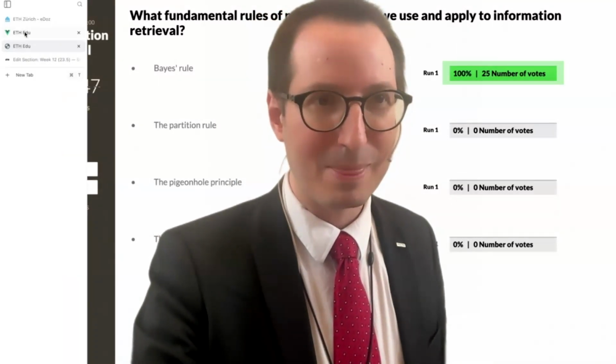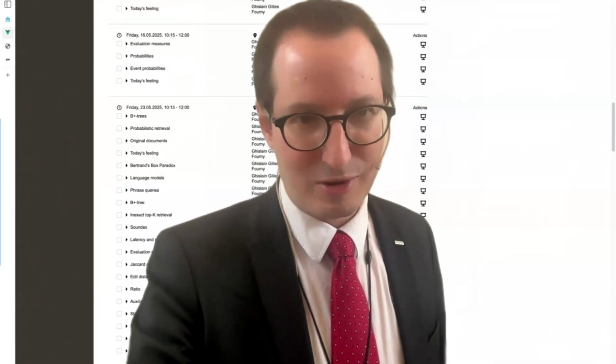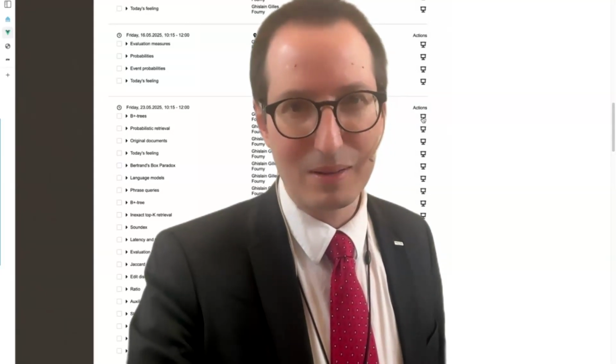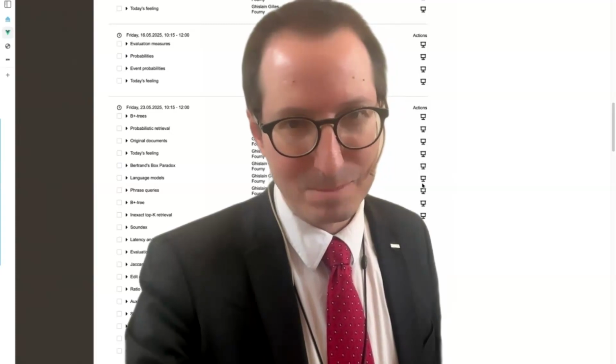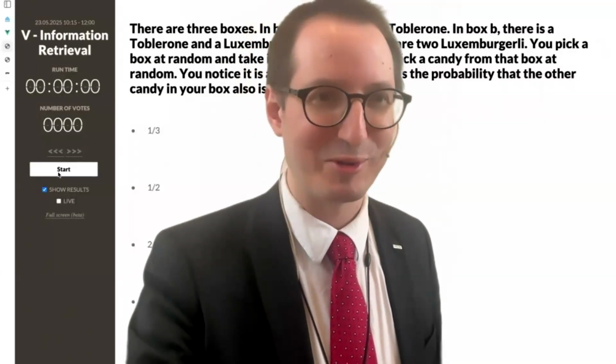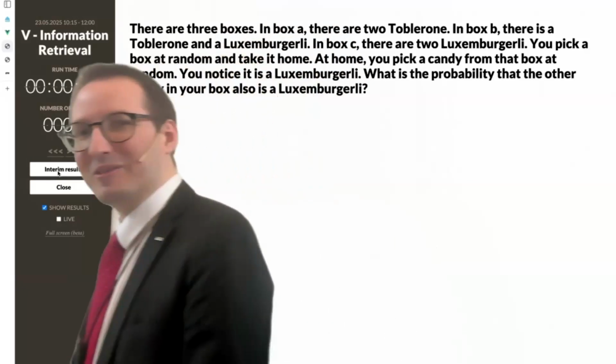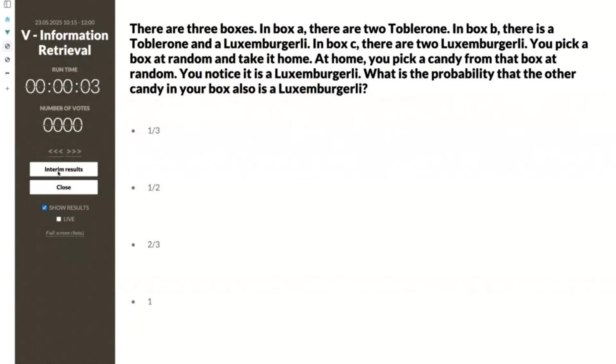Okay. Let's have another one. Okay, let's go to this one because it's actually fun. Then you can think a little bit. So I'm giving you 3 boxes. In the first box, there are 2 Toblerone. In the second box, there is a Toblerone and a Luxembourgerly.